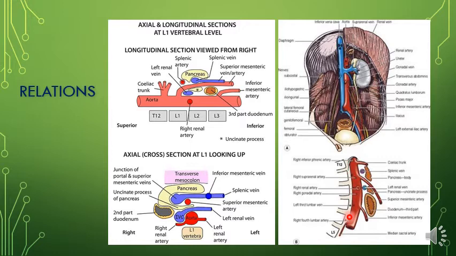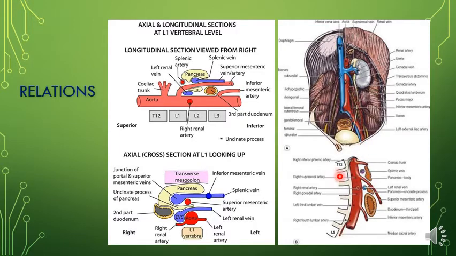And it is also crossed by the 3rd and 4th left lumbar veins and the left psoas major muscle. The left psoas major muscle will be there posteriorly. This muscle is psoas major.